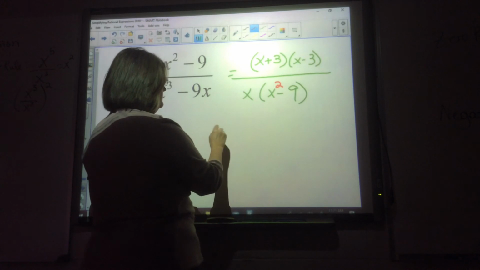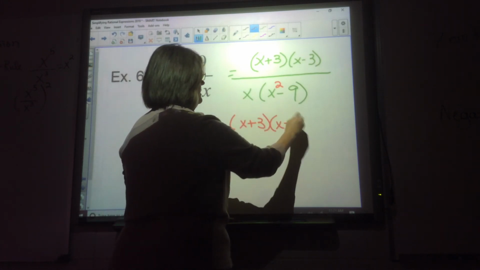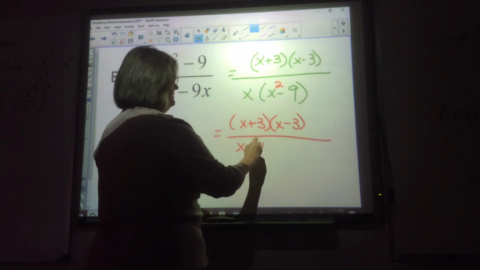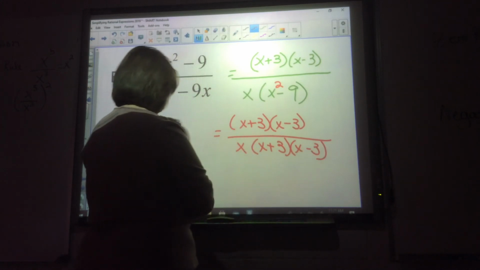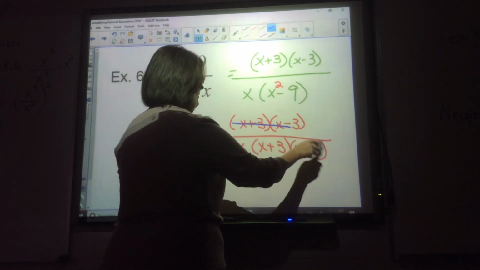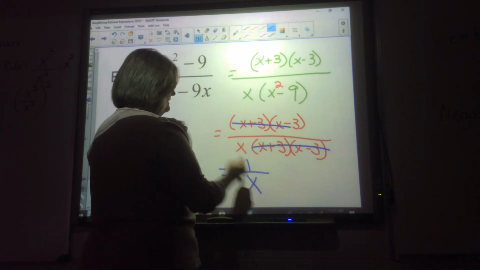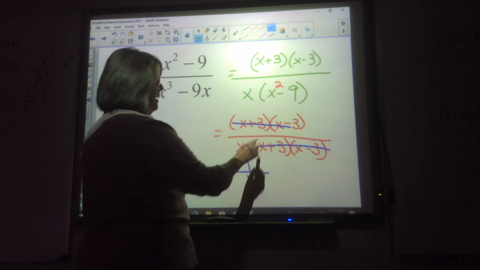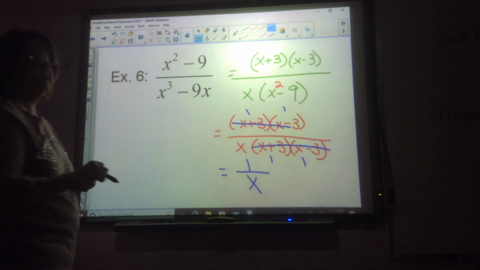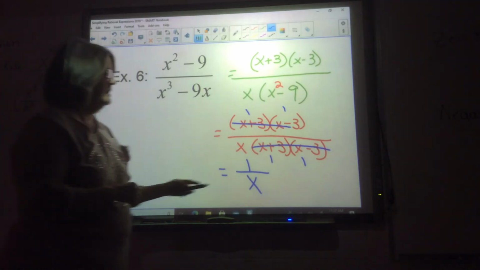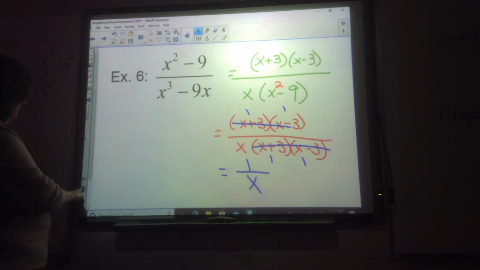This one becomes x plus 3, x minus 3, over x times x plus 3, x minus 3. Those cancel. You end up with 1 over x. That is not x. When you cancel these, there's 1 left over, just like 3 over 3 is 1. It's the same sort of thing. So you have 1 as a placeholder in the numerator.